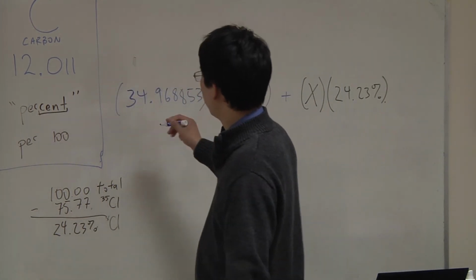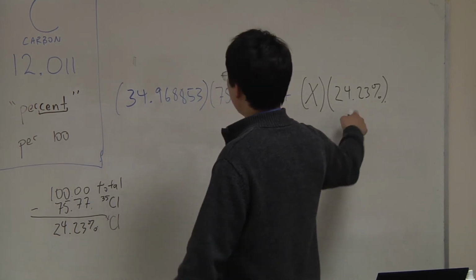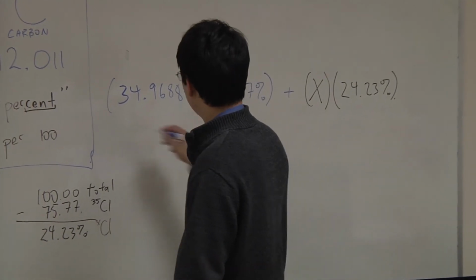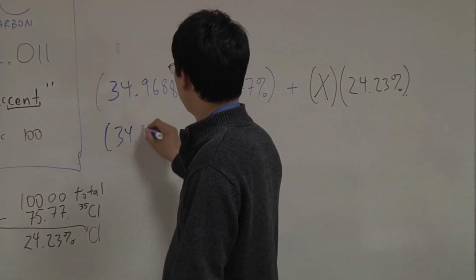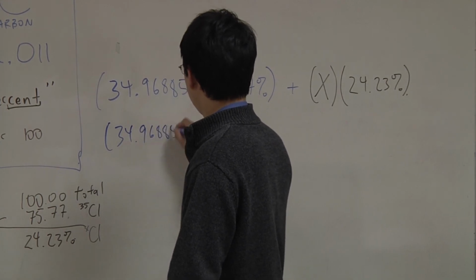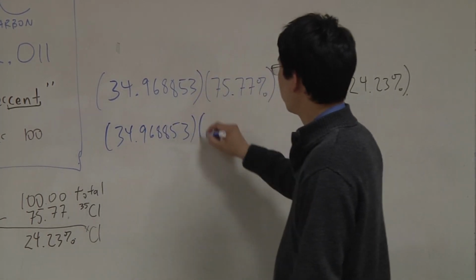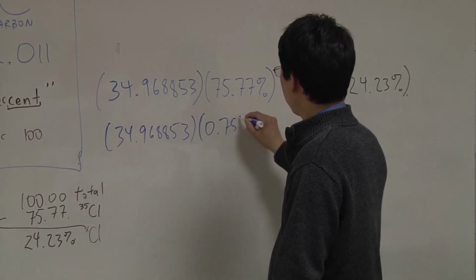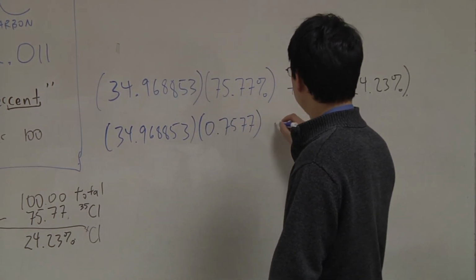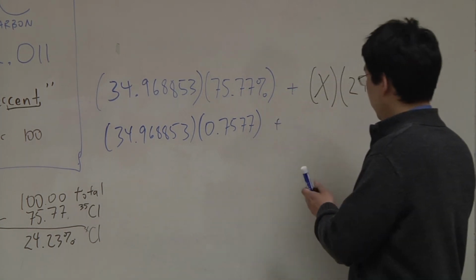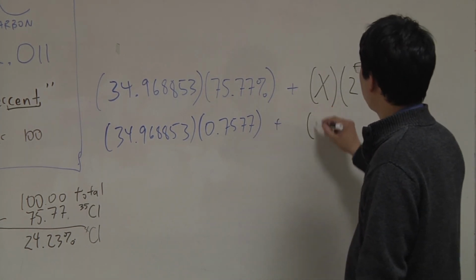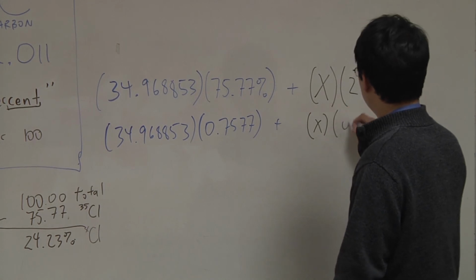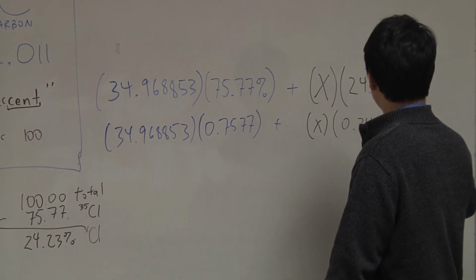Now we're going to do the math, right? We're going to divide each of these by 100. We're going to get 34.968853. And once you get the hang of this, you won't have to necessarily rewrite everything every time. You might go straight to this step. Plus X times 0.2423.